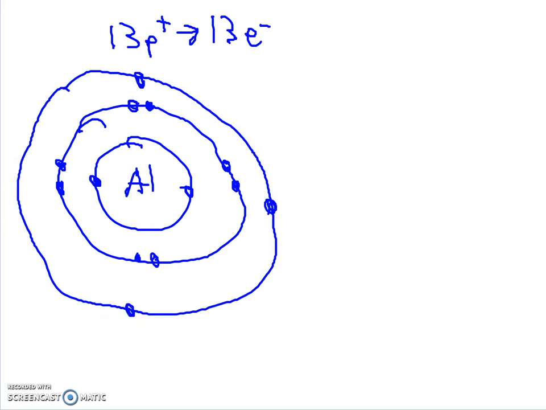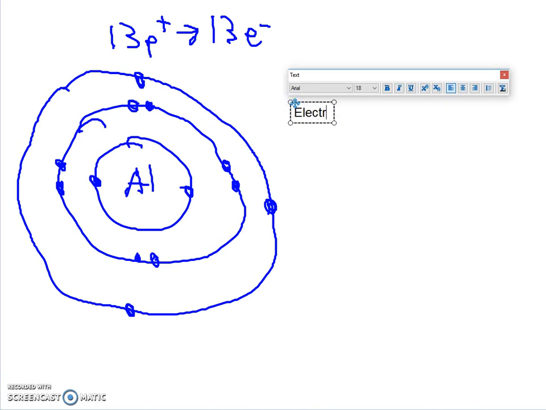And then remember that it's only going to show certain lines, because electrons are restricted.